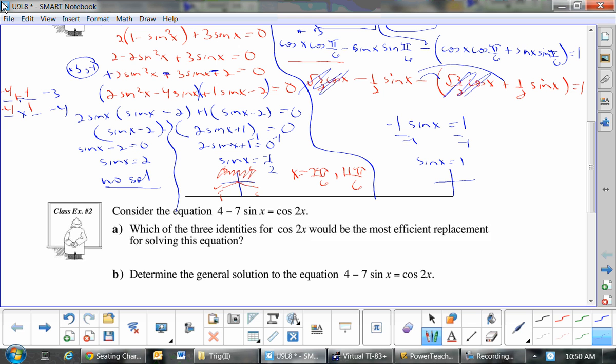Happens at, or -1, sorry. Right, 1 divided by -1 is -1. That happens right here. So what does x equal? 3/2. Okay.